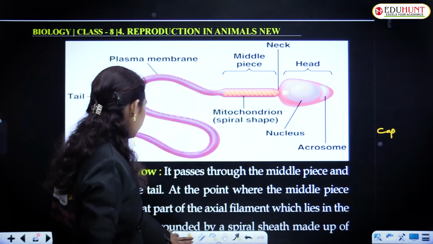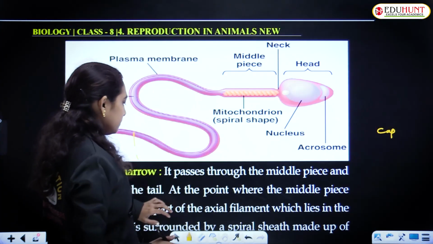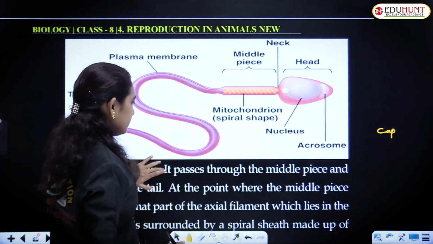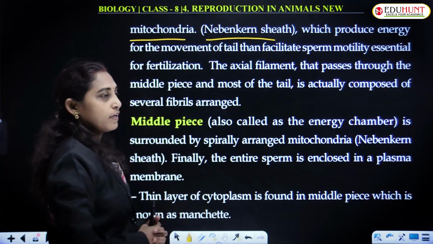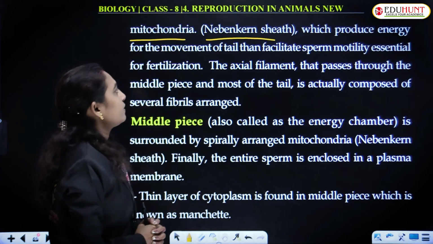The spiral sheath is made up of mitochondria.